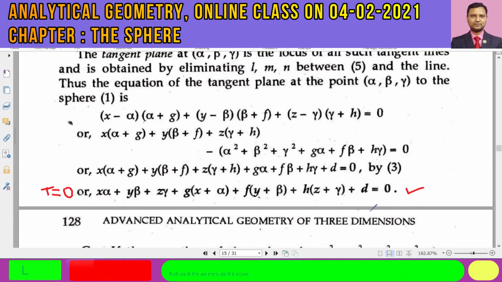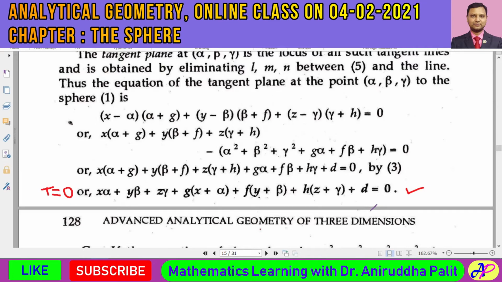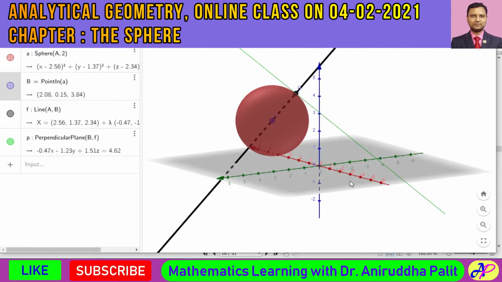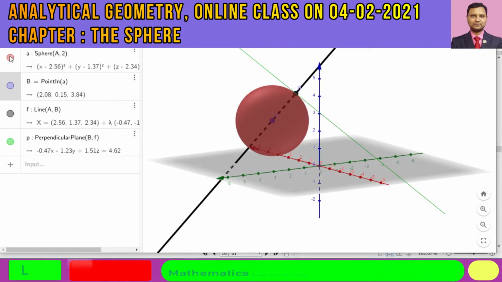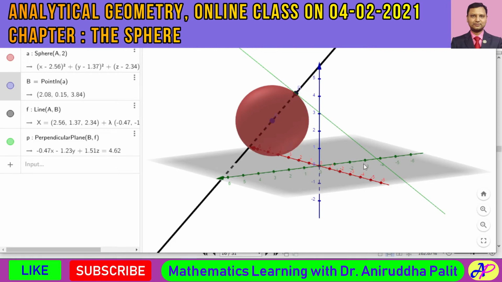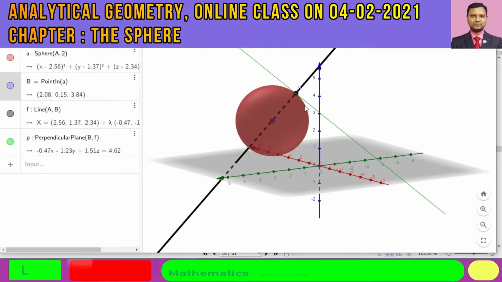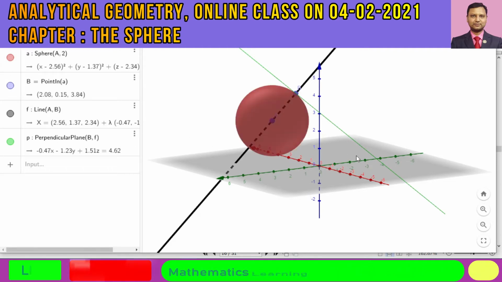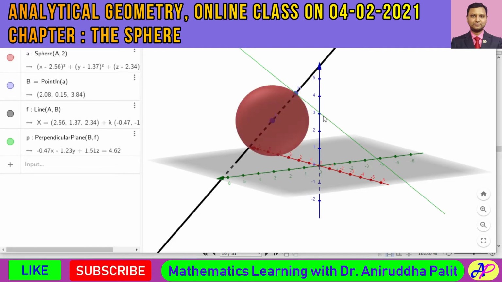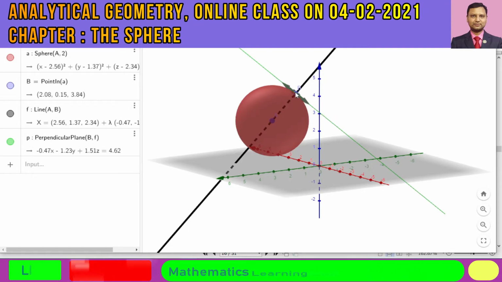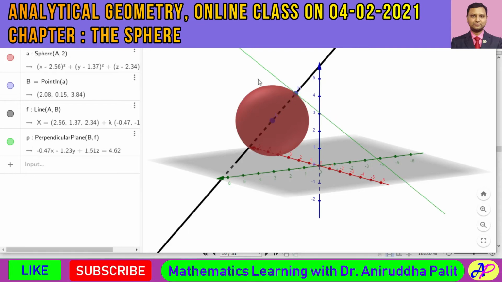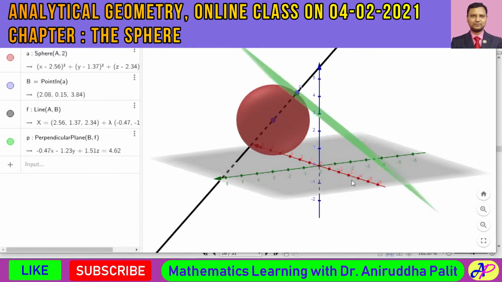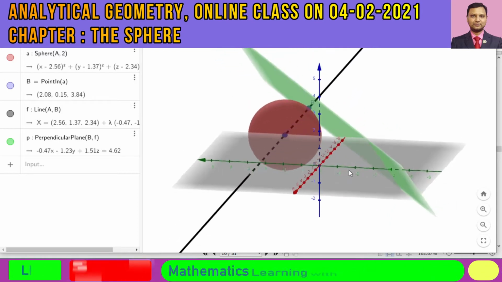So this is the T equal to 0 formula, the equation of the tangent plane, and the idea would be clear from this picture. Over here we consider this kind of sphere, and on this sphere we consider a point and draw a straight line. It looks like a straight line, but if we look at this picture from a different point of view, this is actually a plane.